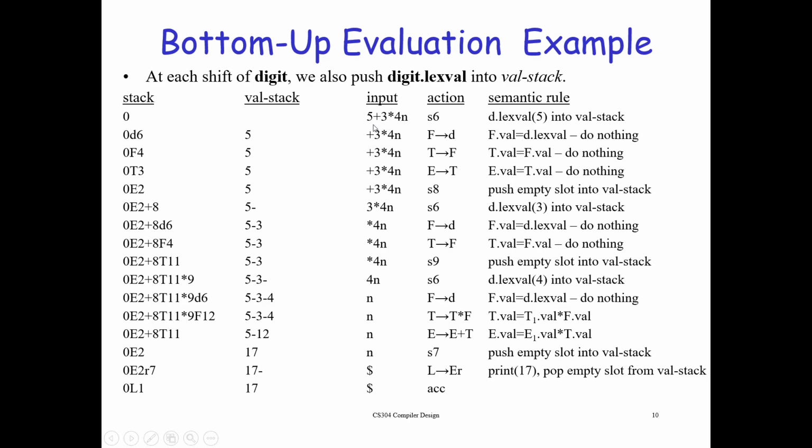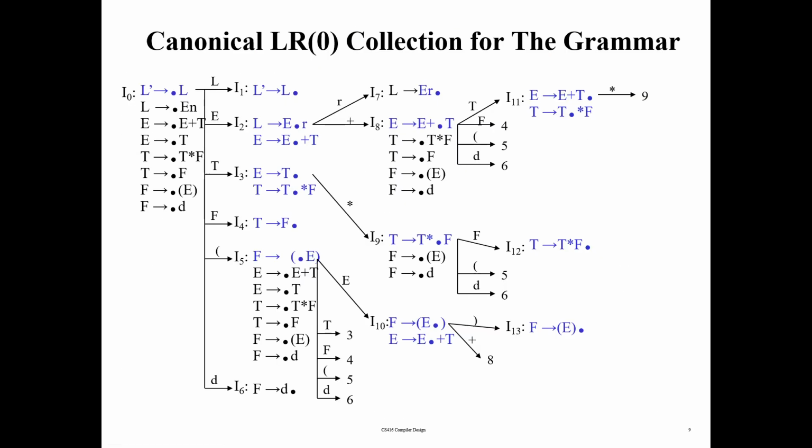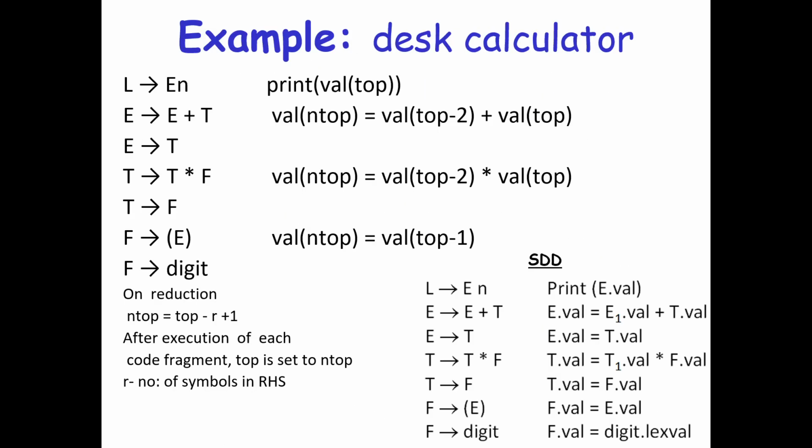Then 0 under 5, when we examine the parsing table, we can see it will be S6. So here d.lexval, that is 5, is stored into the val stack, because S6 means shift. We have to shift the 5 onto the stack as well as this 6. We have mentioned d because in the previous slide F gives digit.